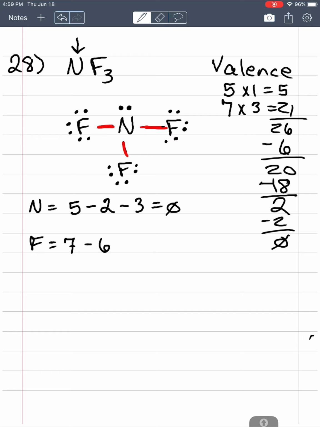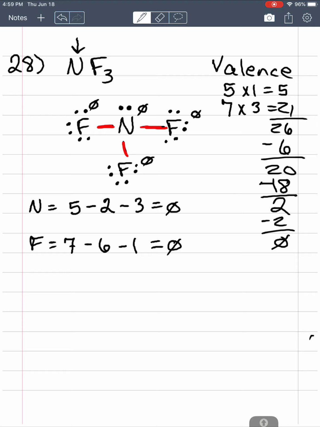It has 6 lone pair electrons, those are the dots around it, minus the 1 bond. 7 minus 6 is 1, 1 minus 1 is 0. 0 plus 0 is 0, which equals the charge of NF3. So the formal charge for nitrogen is 0, and each fluorine is 0.